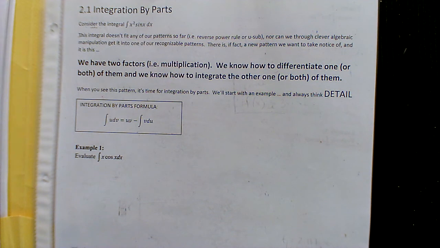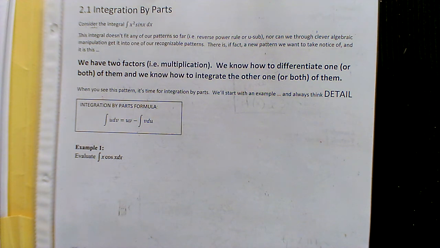So I want you to take a look at the integral at the top of the page. You have x squared times sine of x. And if you really focus on this, it doesn't really fit either of the 2 anti-differentiation techniques that we know. If it was just x squared, we could do the reverse power rule for that.